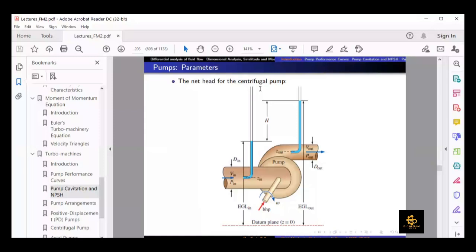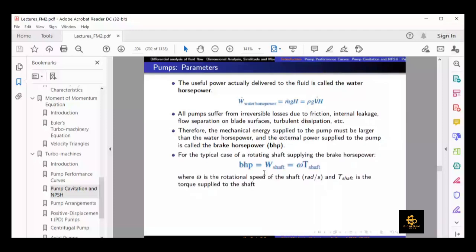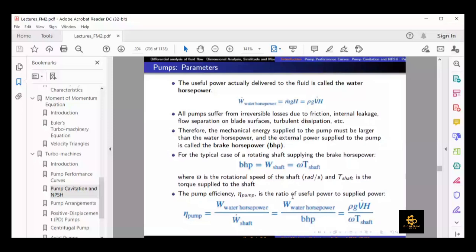Then we discussed the water horsepower and the brake horsepower, which is given by the electricity. The water horsepower is the actual power which is delivered to the fluid. Because there are some frictional losses, brake horsepower would always be greater than the water horsepower, and the ratio of water horsepower and brake horsepower is the efficiency of the pump.